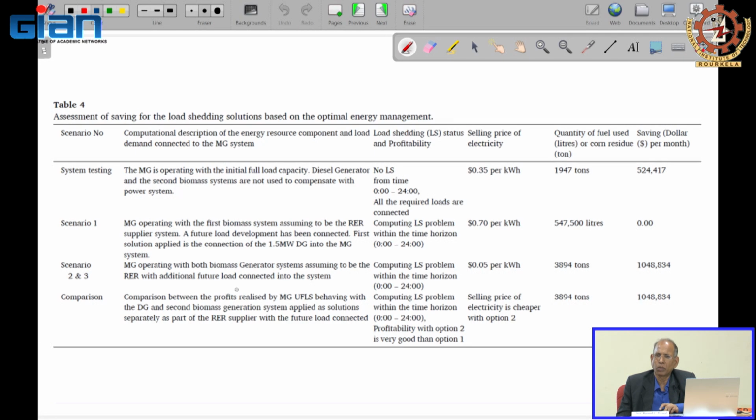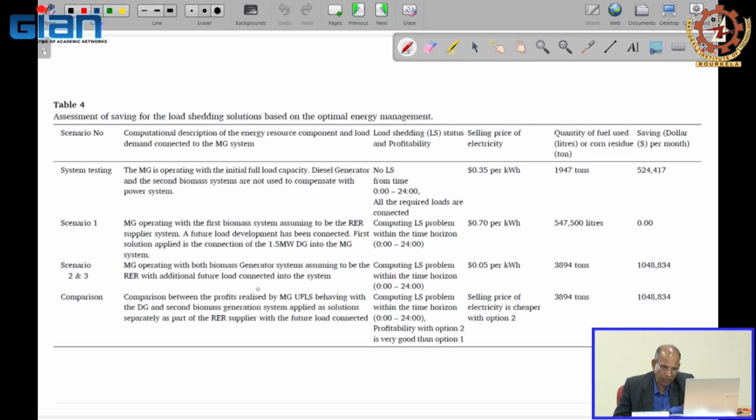Okay, so in the other option, the microgrid is operating with both biomass generators, assuming them to be the renewable energy sources, with additional future connected load. So you are considering that you will run both these biomass generators, including the future, when significant additional load will come. You are planning for the future system as well.